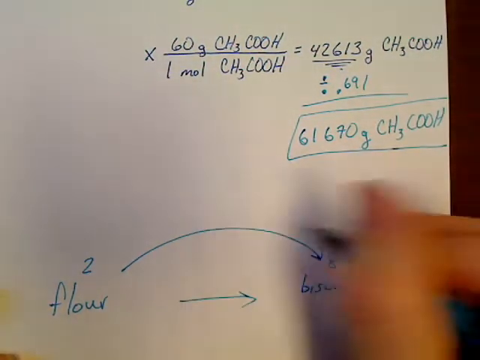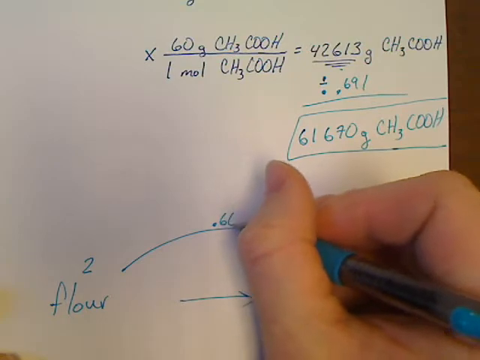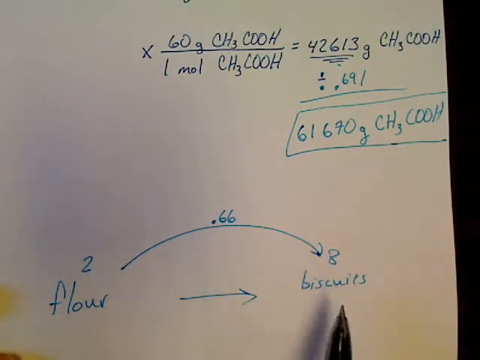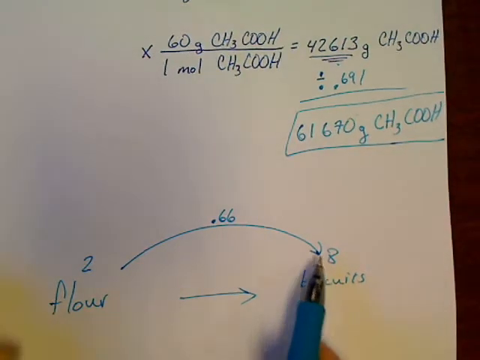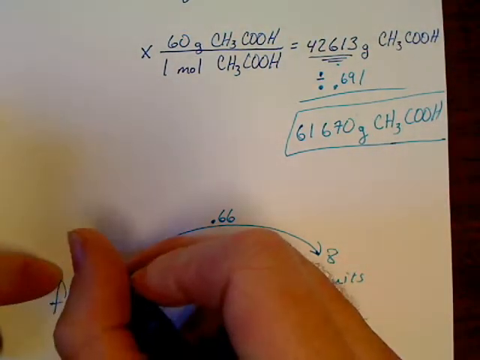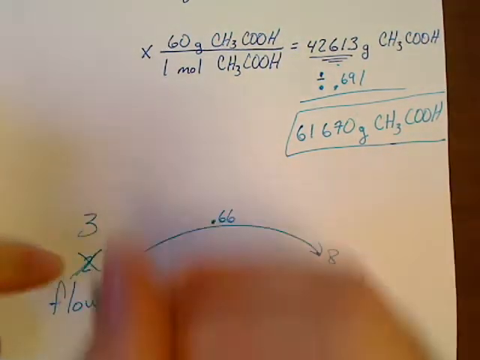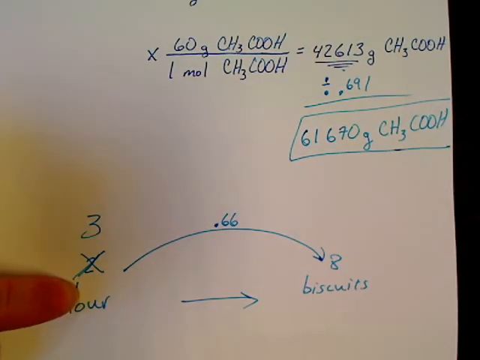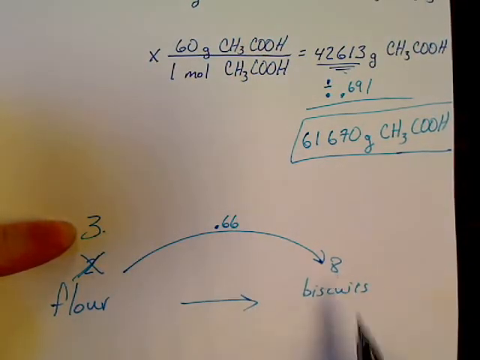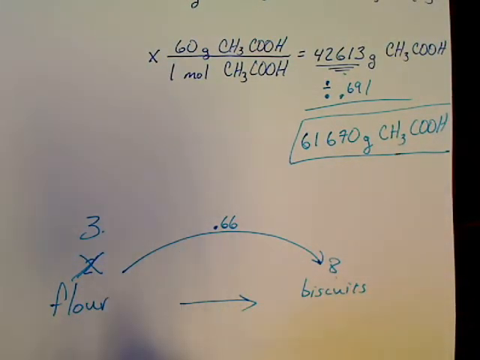So that means when I do biscuits, I only get a 66% yield. So all you got to do is think backwards. If I want that 8 biscuits, I can't start with 2 cups of flour because I'll lose most of it. So what I need to do is start with 3 cups of flour, and when I lose 1/3 of it, I will still get the 8 biscuits that I wanted on the other side.